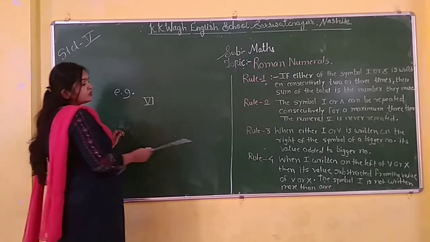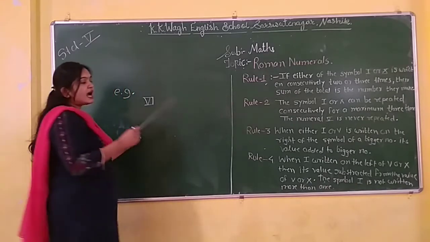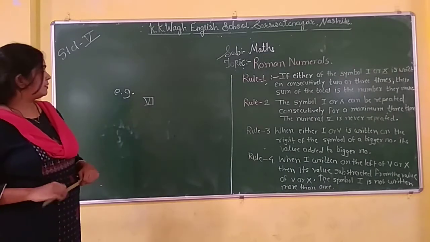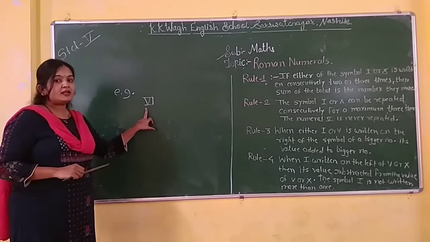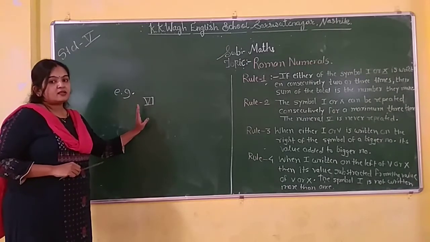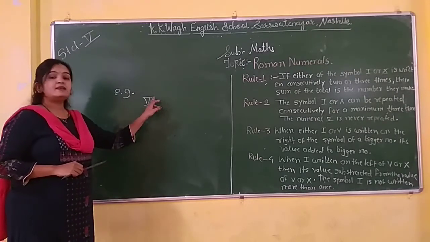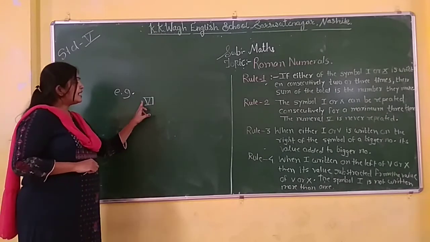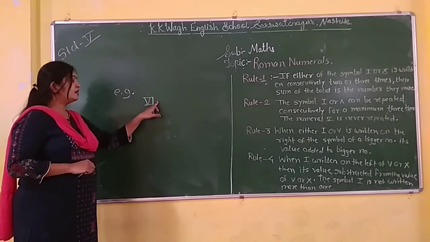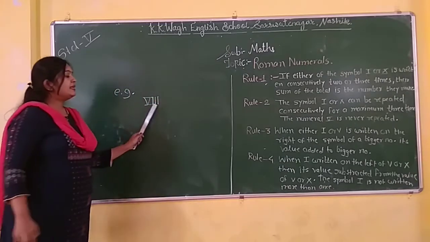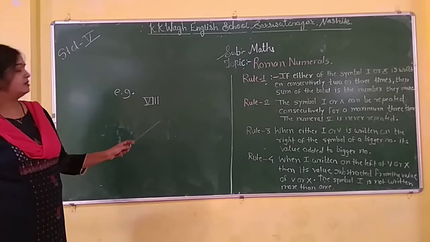So the rule says that if either I or V is written on the right of the symbol of a bigger number, 5 is the bigger number. You know the value of V is 5 and the smaller number is I, whose value is 1. If we write the smaller number after the bigger number, that time it makes the addition.